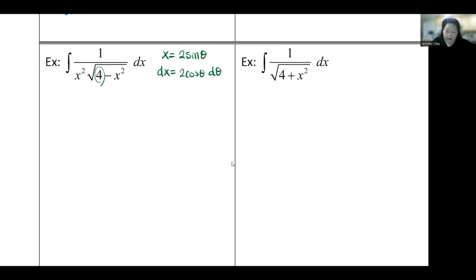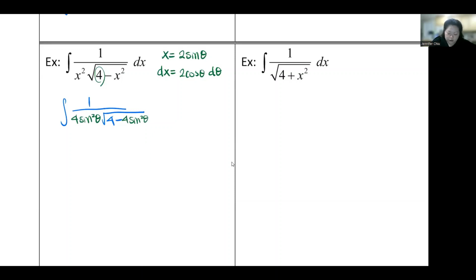Okay, now let's replace everything I see here. I have 1 over x squared, so that actually becomes 4 sine squared theta, right? And then you take the square root of 4 minus x squared, where x squared is 4 sine squared theta.